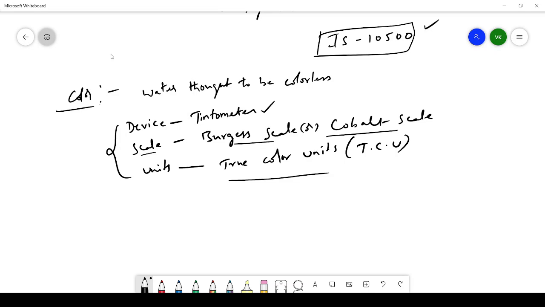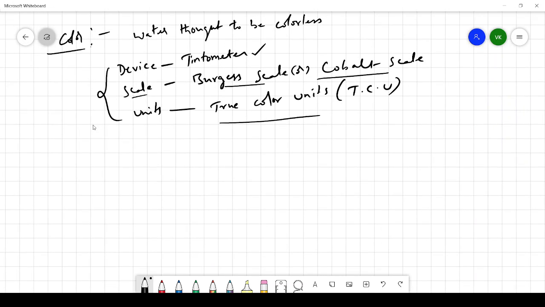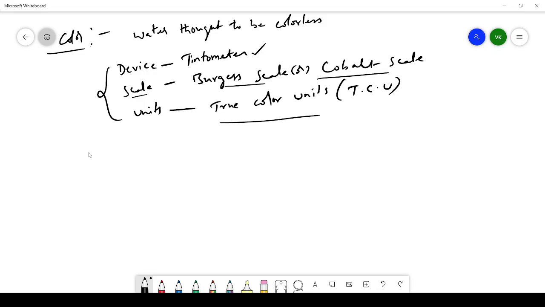Okay, how do we measure the color, how do you fix these units? Let us see how we fix the true color units.